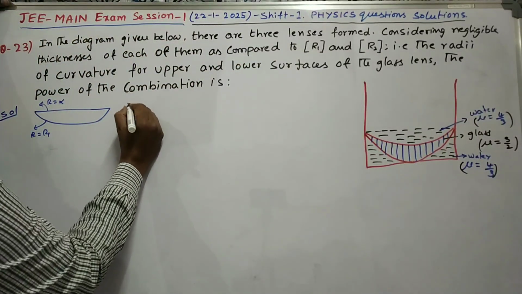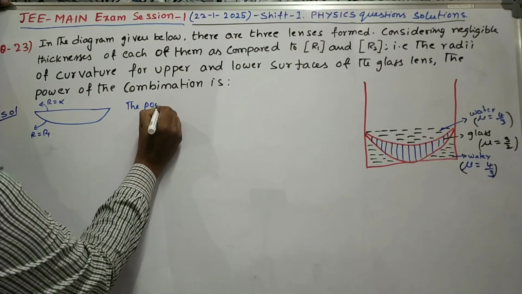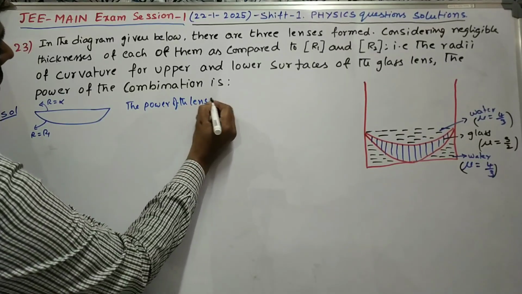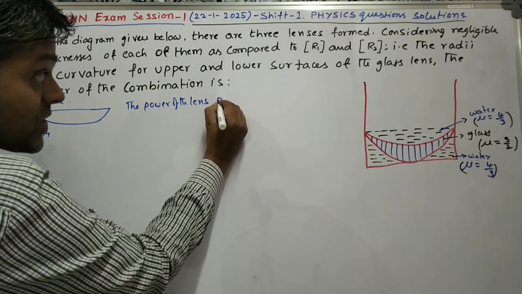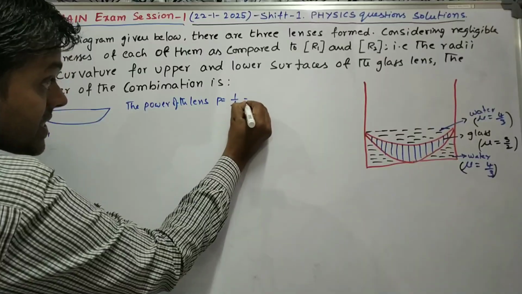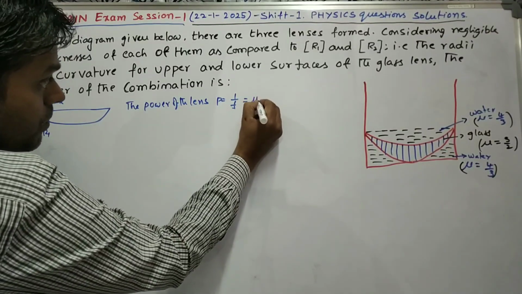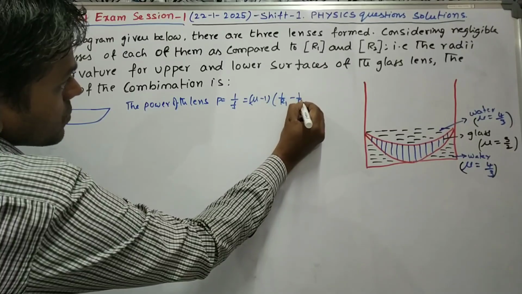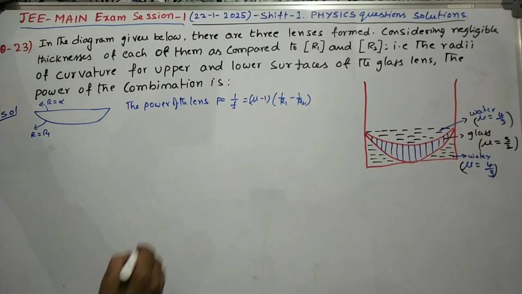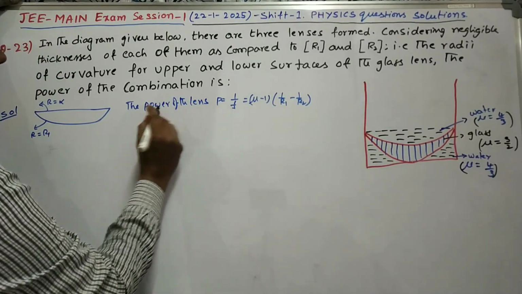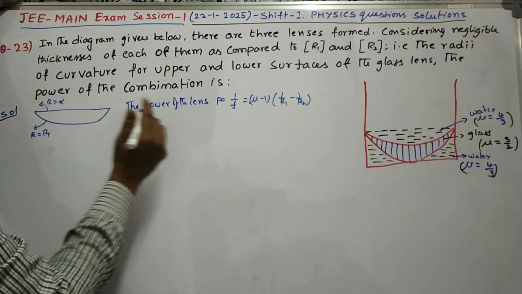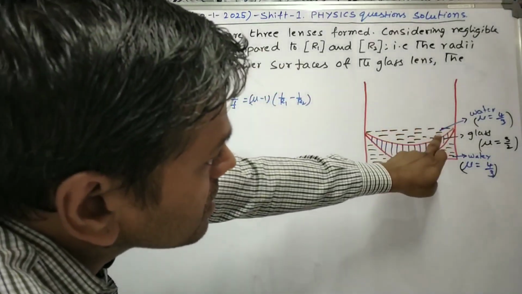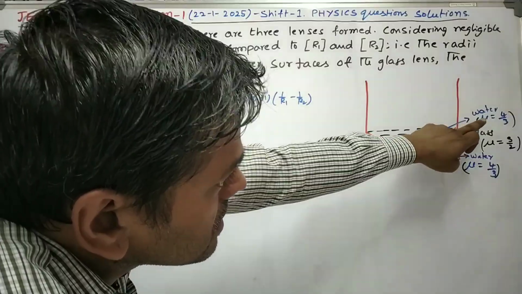So the power of the lens, which is obtained from lens maker's formula, P is equal to 1 by F is equal to mu minus 1 into 1 by R1 minus 1 by R2. According to this, power of the first lens, say P1, is equal to mu. What is the refractive index of the first water lens? 4 by 3.